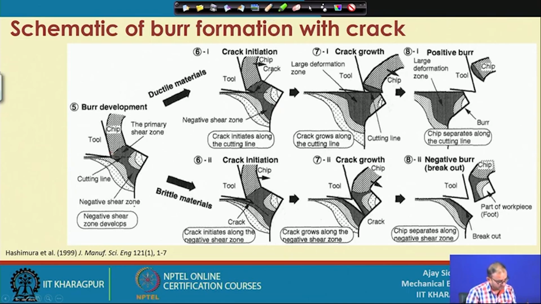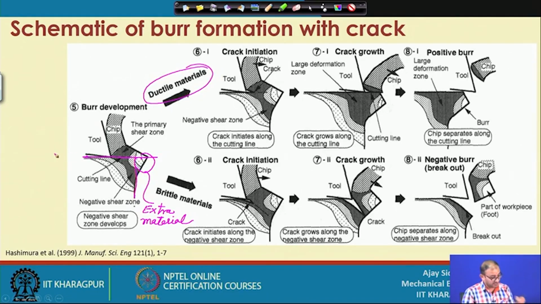Our objective is to cut material from this, and this is the extra material. Now we have two zones: one is the ductile material, and this is the brittle material. What is going to happen if this crack is in the ductile material?